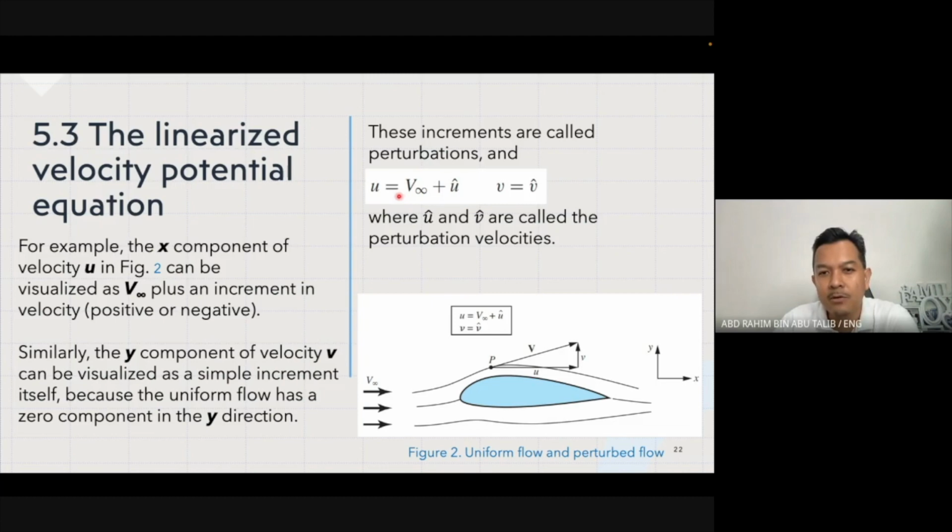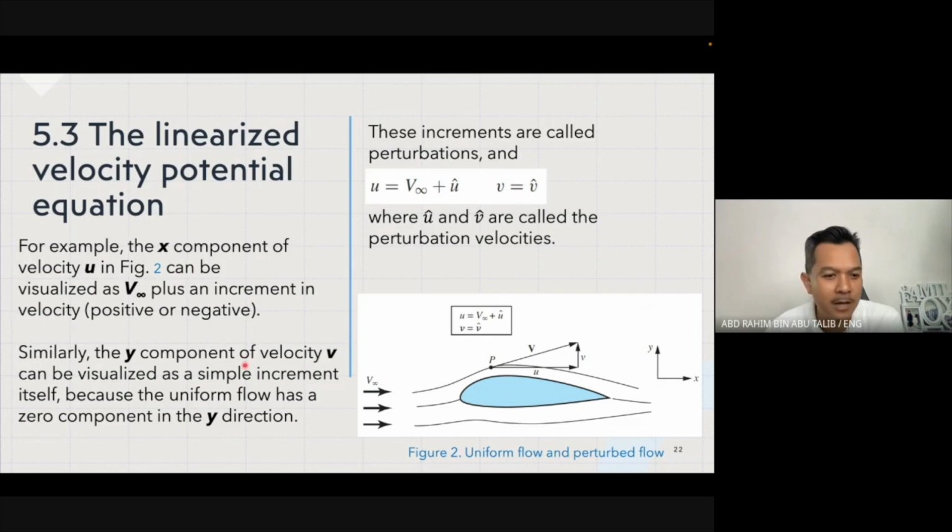We know that the U component of the velocity is equal to the free stream velocity V infinity plus u hat, and small v is equal to only v hat. Here u hat and v hat are called the perturbation velocities. Why is there no V infinity for the small v component?